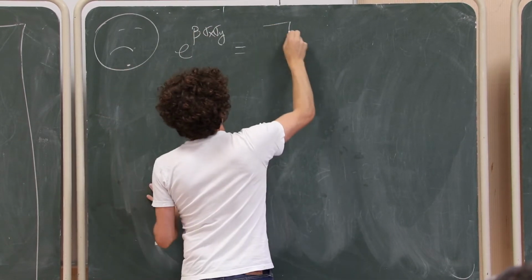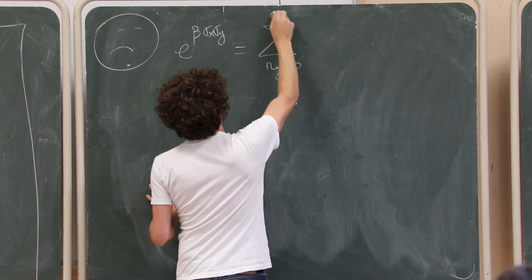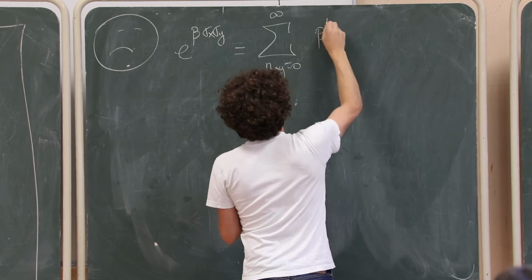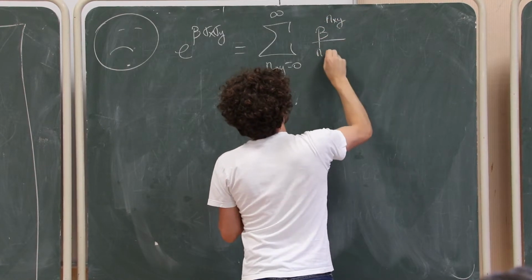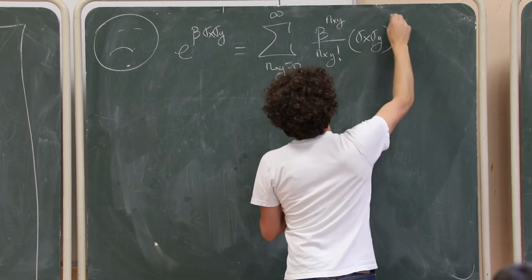You just write this as a sum over n_xy equals 0 to infinity of beta to the n_xy over n_xy factorial times sigma_x sigma_y to the n_xy.